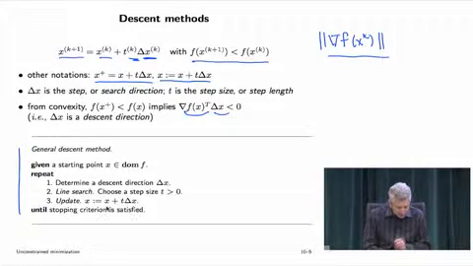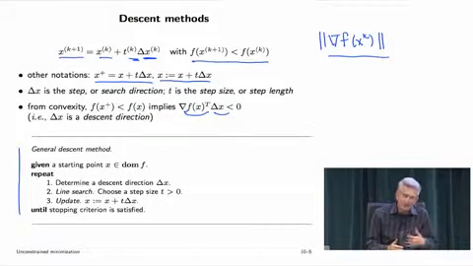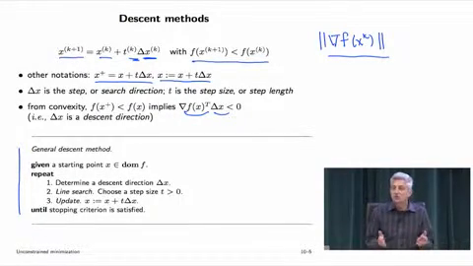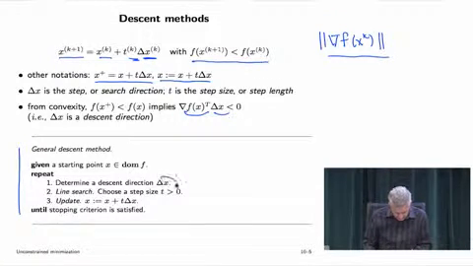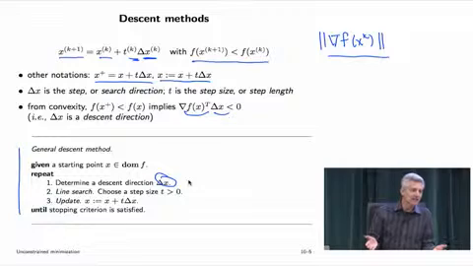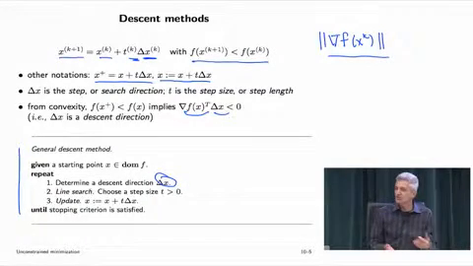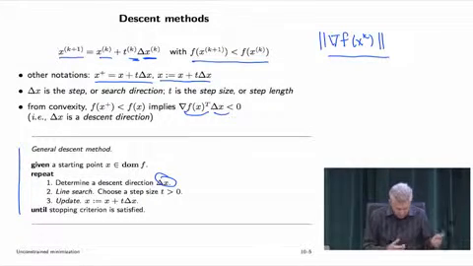And then you update. And then you do this until a stopping criterion is satisfied. In fact, the real control flow in a real algorithm doesn't quite look like this, because the stopping criterion usually involves something. Actually, when you calculate this, you would look at its norm, and if the norm is less than some tolerance, you'd break. So the control flow doesn't look exactly like this, but it looks close enough. Okay, this is the idea.